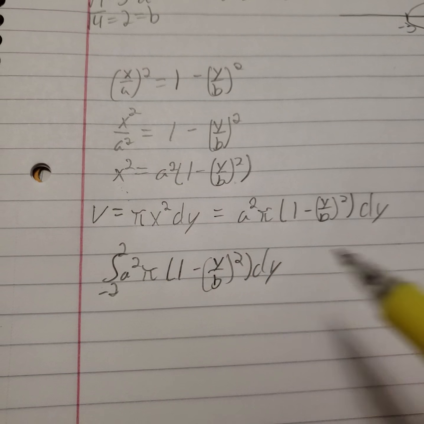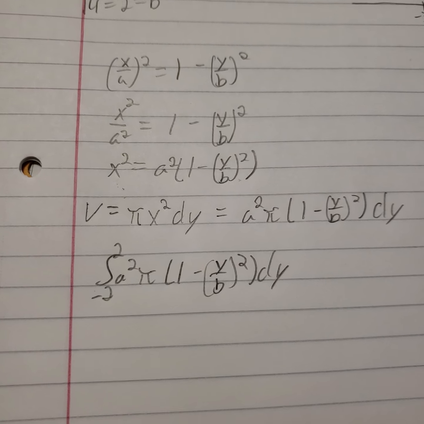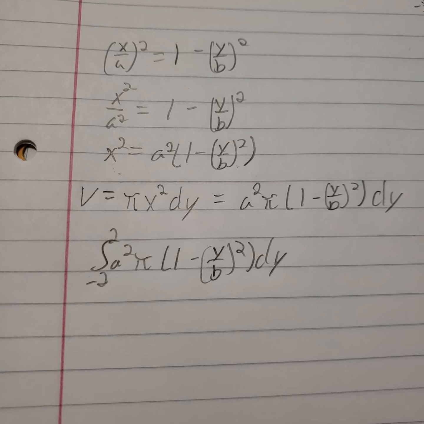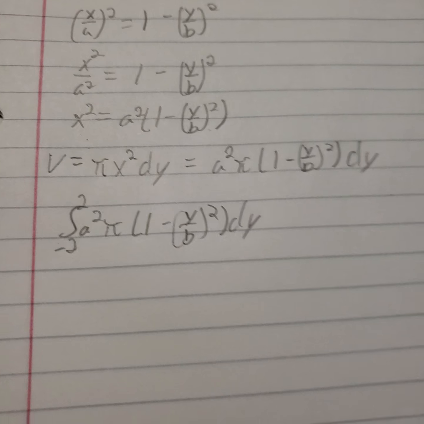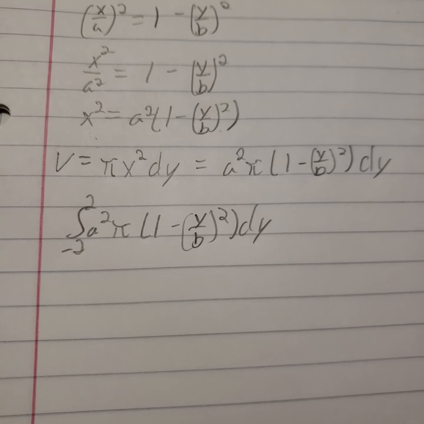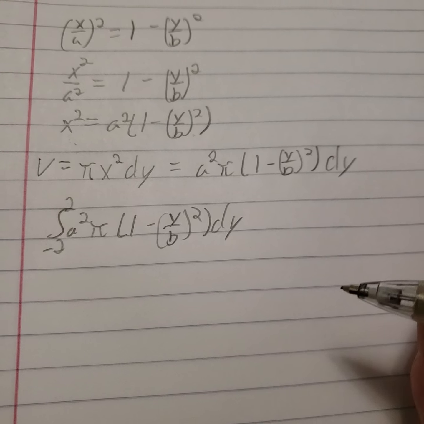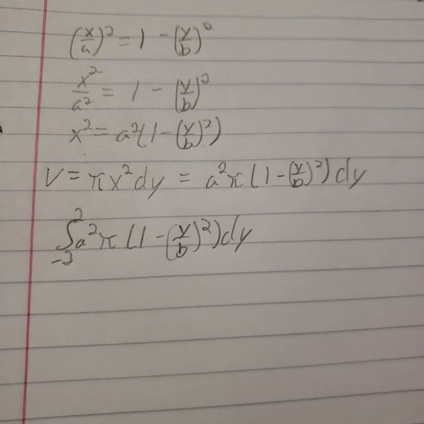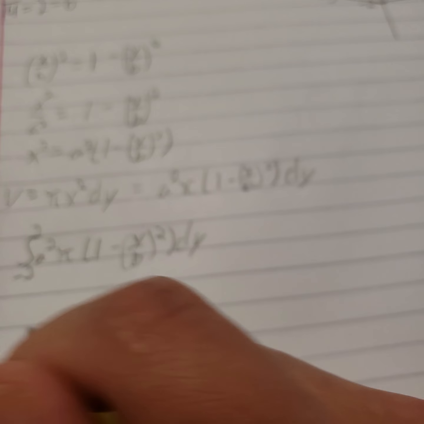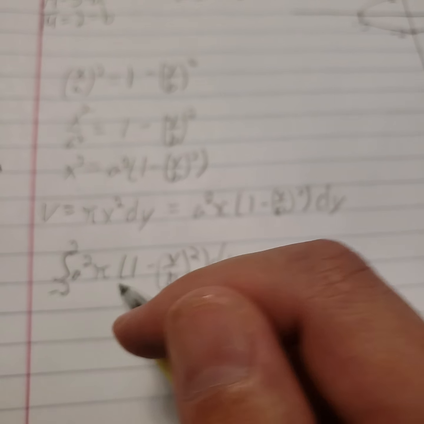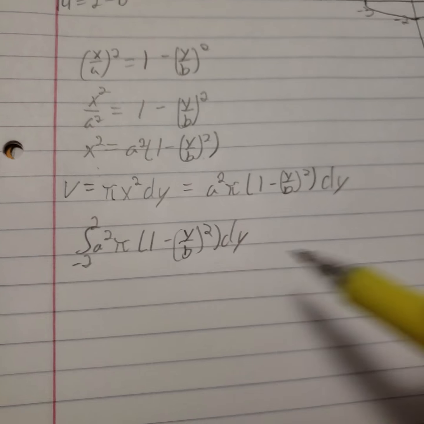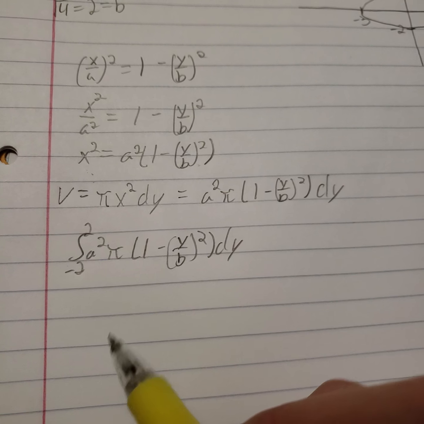We're going to keep a and b as they are until we get to the final part, which will be easier because you'll get a cube from this integral, and that's not fun to do. And my calculator ran out of batteries, so I still have to get some. So now we're going to take out the a squared pi, because that won't be affected by the integral.